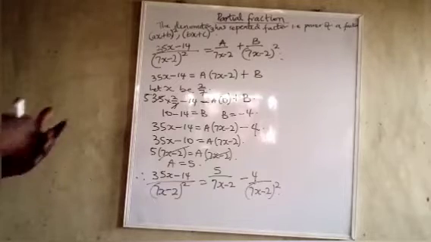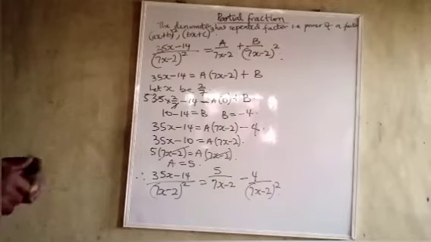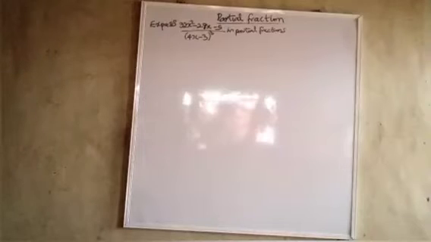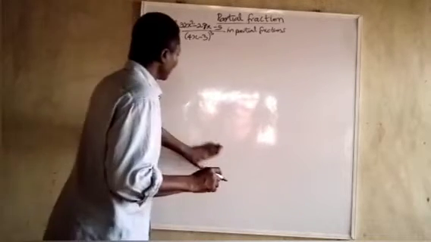We can also do expansion and then equate the coefficients of different powers of x. Let's look at this example. Express 32x squared minus 28x minus 5 divided by 4x minus 3 cubed in partial fractions. So we are going to have something like this.